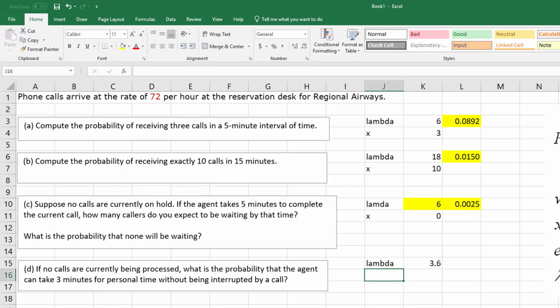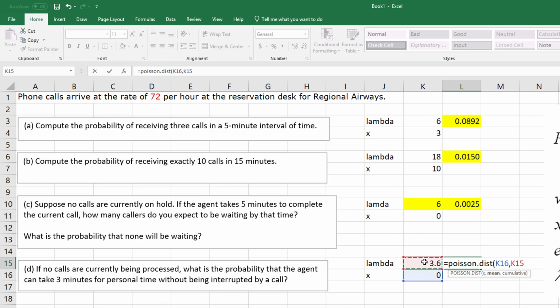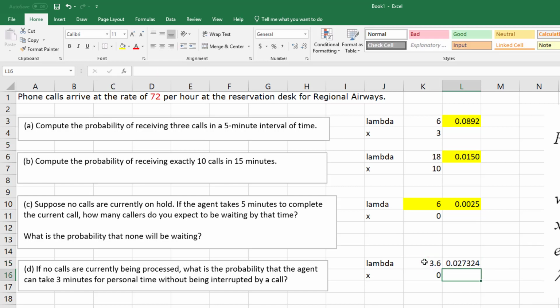And then without being interrupted by a call, that would mean no calls, right? So that would be my Poisson.dist, my X, no calls, what I would expect while I'm on break, and then false to get my final answer.